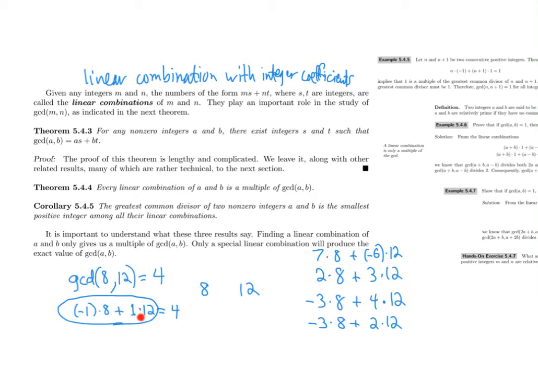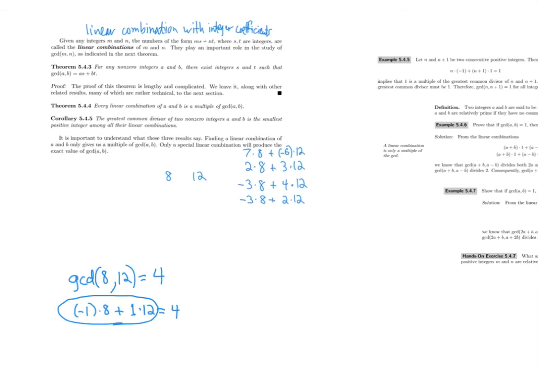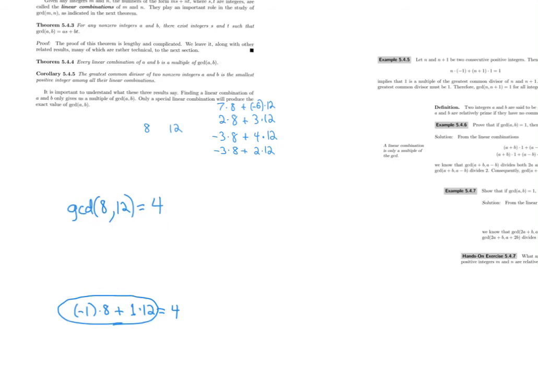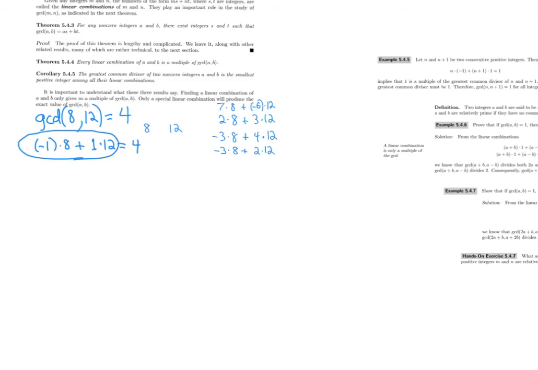We want to know the exact choice of coefficients, the exact s and t that will give us the actual GCD and not a multiple of it. So we're going to work our way gradually to what we need to use that.